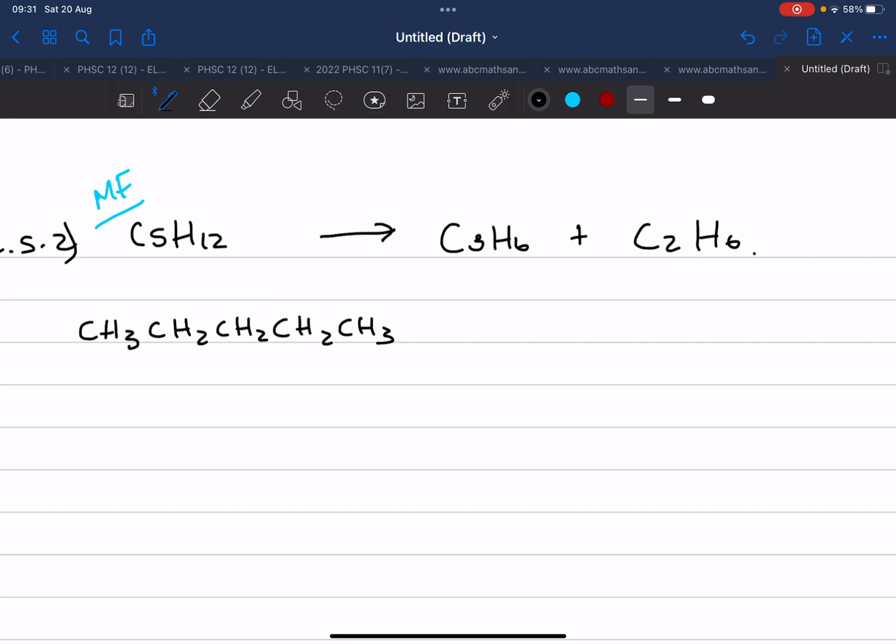Okay? 1, 2, 3, 4, 5 carbons. Remember the first and the last carbon always has 3 hydrogens. So 3 plus 2 gives 5, 5 and 12. So this is the condensed structural formula.